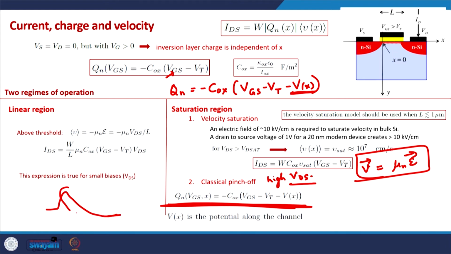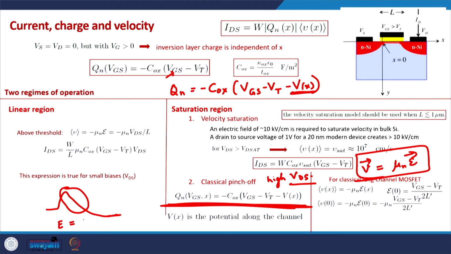Because the electric field in the barrier is non-linear, on one side the voltage is 0, on the other side the voltage is VDD, and in between the voltage is changing non-linearly. So, this electric field is actually written as Vgs minus Vt divided by 2 L prime. This is after considering all kinds of non-linearities in the channel.